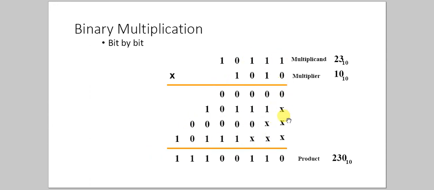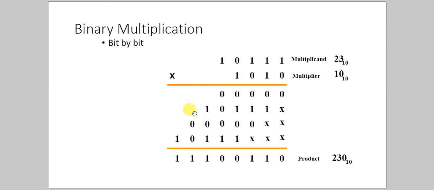Now we add all these four together. So 0, 1 plus 0 is 1, 1 plus 0 is 1, 1 plus 1 is 10, 1 is carried, 1 plus 1 is 10, 1 is carried, 1 plus 1 is 10, plus 1 is 11, which is 1 here and 1 carried.